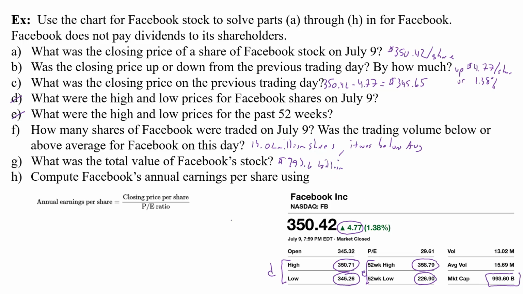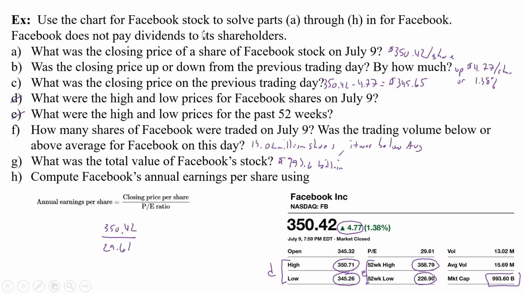And then the last one is calculate the earnings per share. Well, again, earnings per share is the closing price divided by the PE ratio. And so that's going to be 350.42 divided by 29.61.